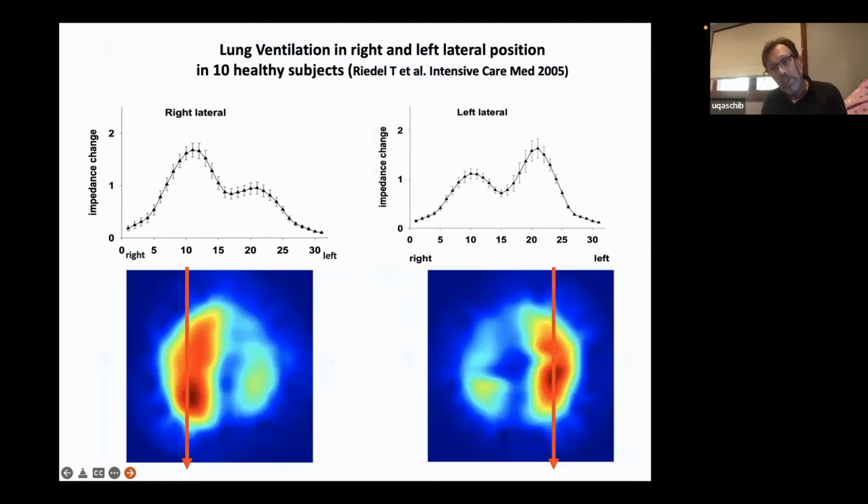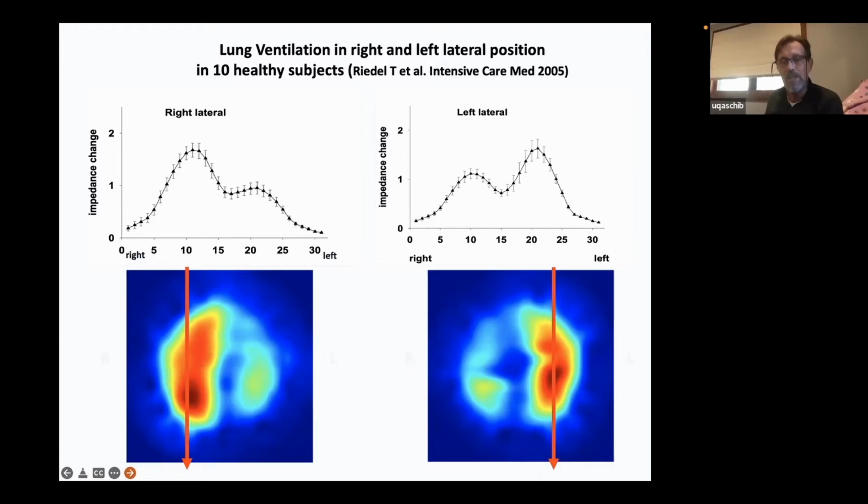So if you position a patient in right lateral position, the right side is down, the left side is up. And when you inhale, most of the air is actually going into the right side of the chest, in the dependent lung. As you can see, this right colored red area is the image that you get from EIT.